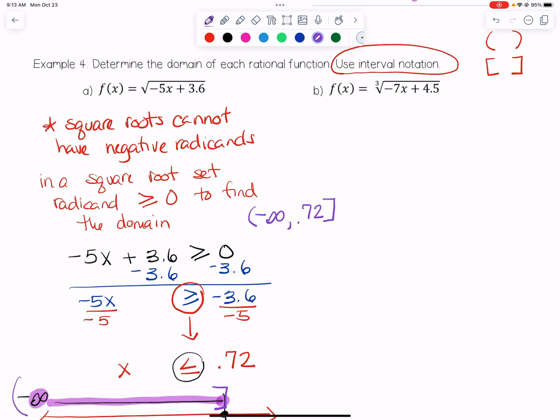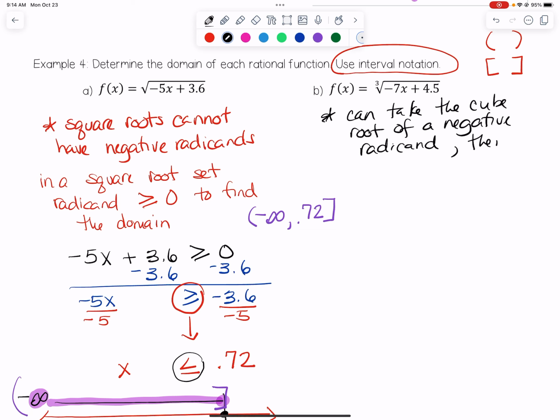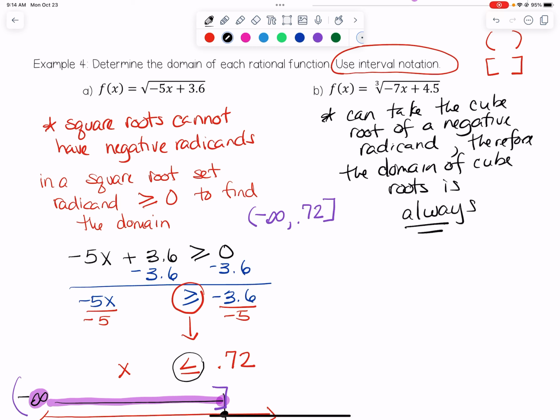Now, with a cube root, we can take the cube root of a negative number, okay? So you can take the cube root of a negative radicand. Therefore, the domain of cube roots is always negative infinity to positive infinity.